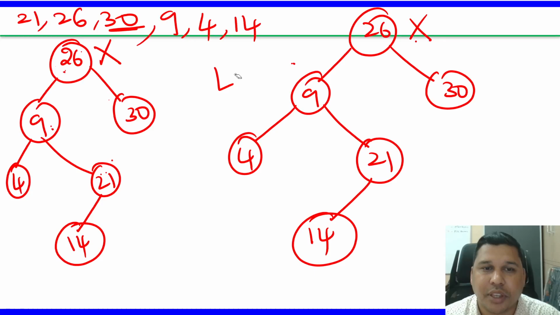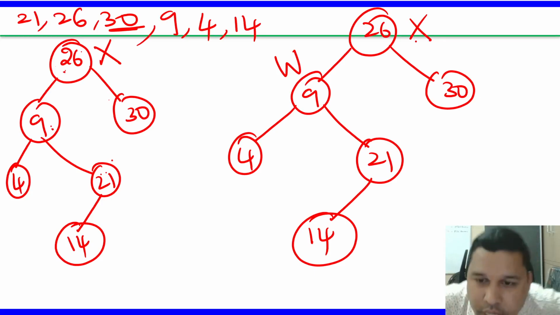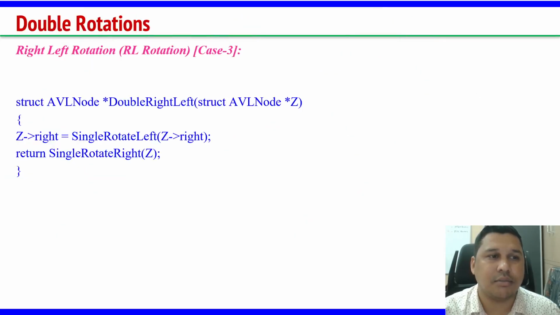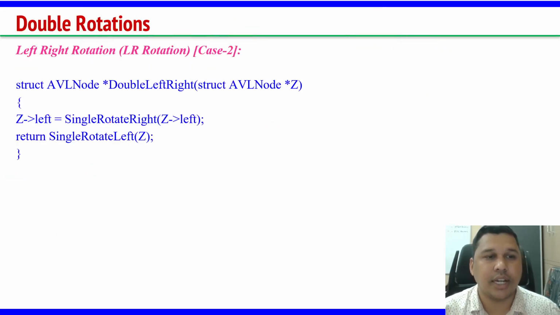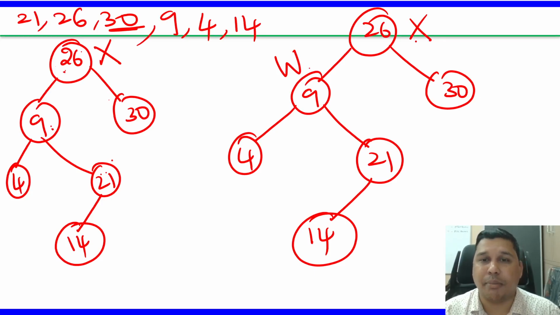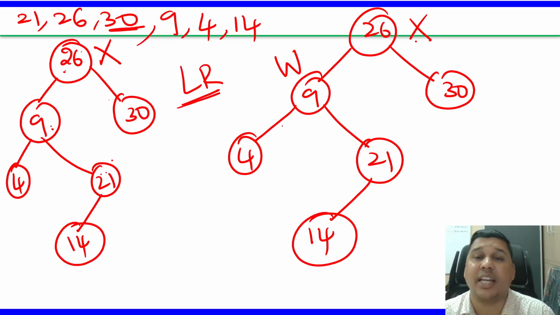This becomes our W. Let's see the algorithm for left-right rotation: Z left is the node I am taking, doing a single rotate with Z left. This is my W, and we have to do left and then right.